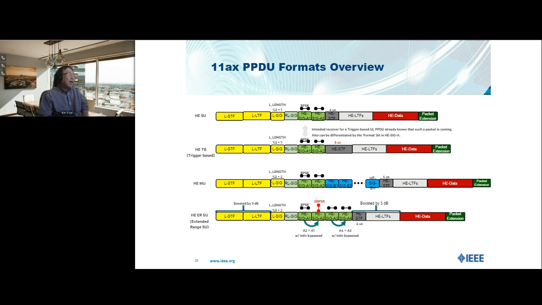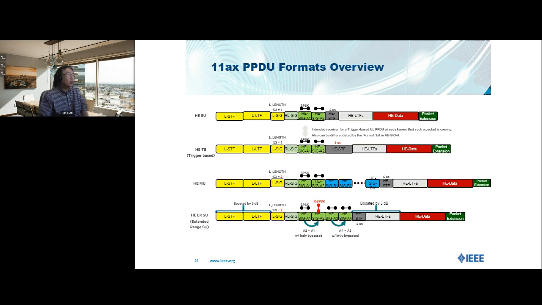And after that, you have this preamble in different colors: repeated L-SIG, HE-SIG-A, HE-SIG-B. And after that, it goes to the HE-STF, which is for the AGC readjustment.